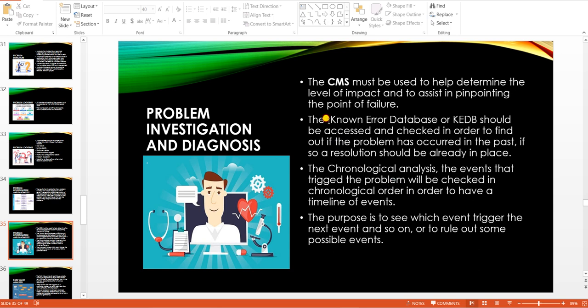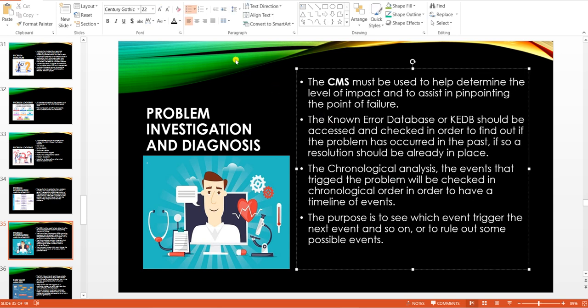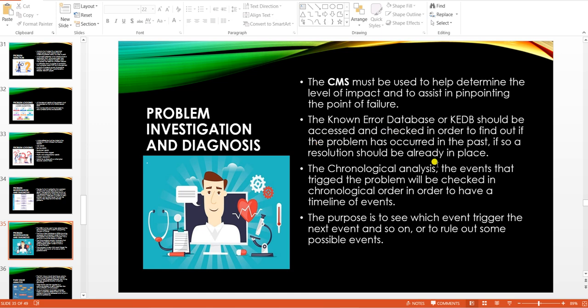As I've mentioned on the previous slide, we have the known error database, or the KEDB, which should be accessed and checked in order to find out if the problem has occurred in the past, and whether a resolution is already in place.